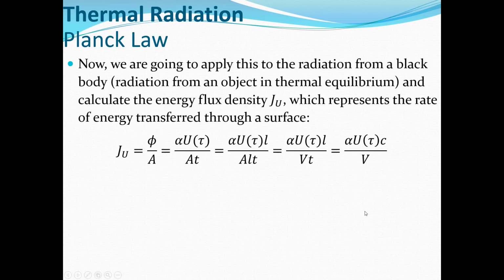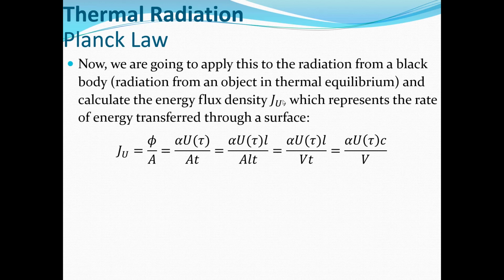All right. So we're going to talk about something else called energy flux density. Energy flux density is represented by Ju. This is pretty much the power or the rate of energy that's being transferred through a surface. Again, this is relating to a star when it's emitting its light.